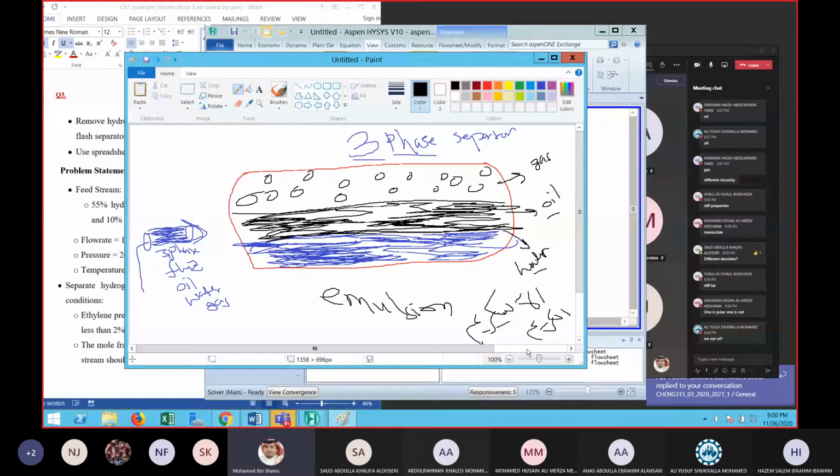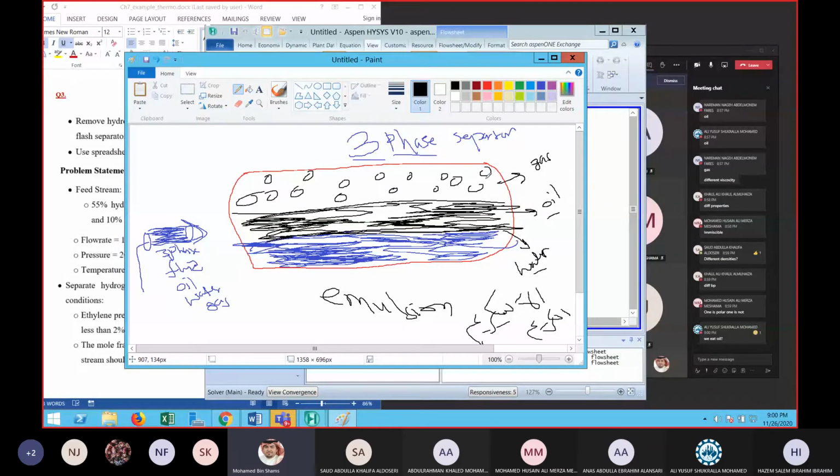Ice cream is an emulsion. The cream that girls use is an emulsion. So you can de-emulsify this and make it into two phase. So this is a three phase.